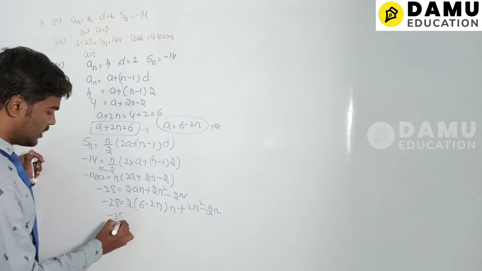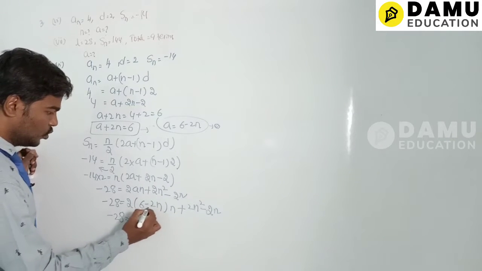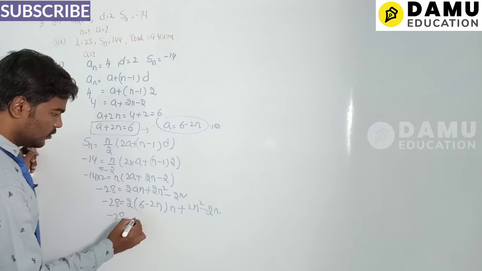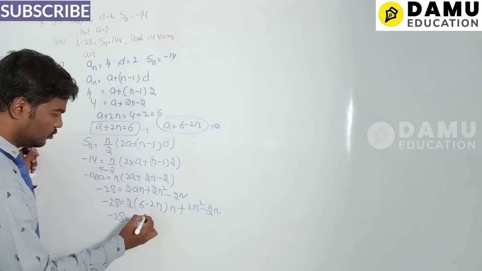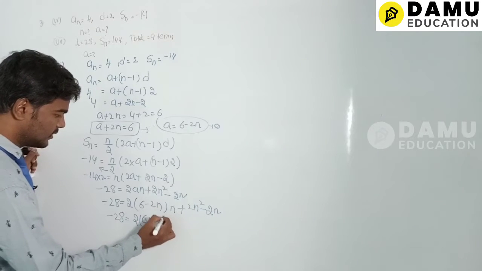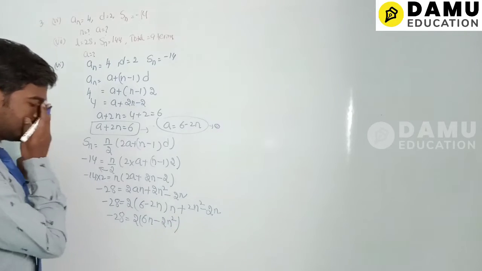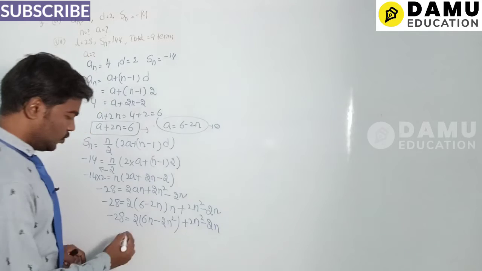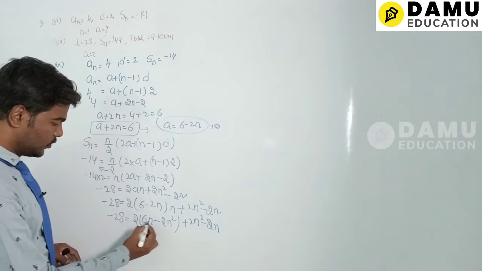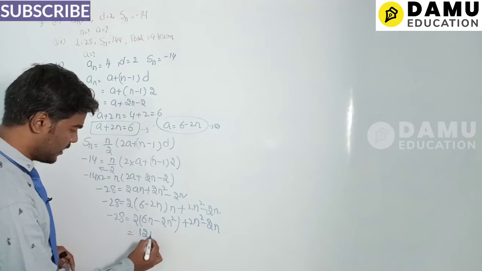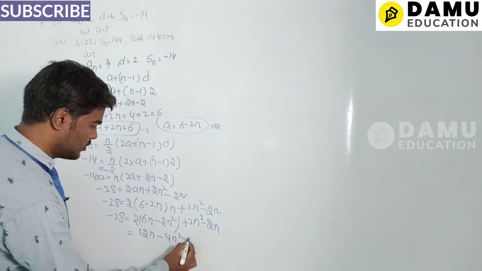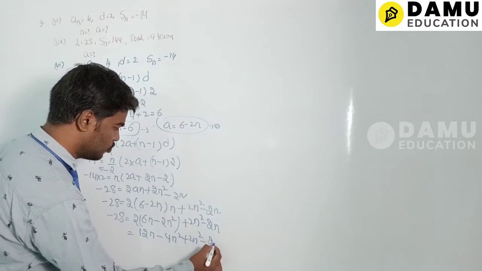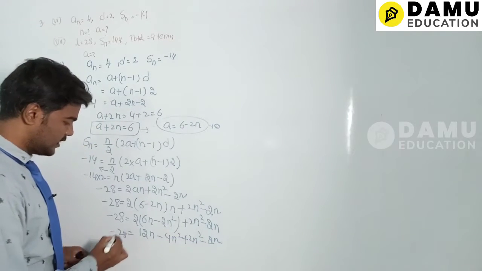So minus 28. So 2 into 6n minus 2n square. Can you calculate like this or not? 2n square minus 2n. So let's take this 2 into 6. 2 6s are 12n minus 4n square plus 2n square minus 2n will be equal to minus 28.